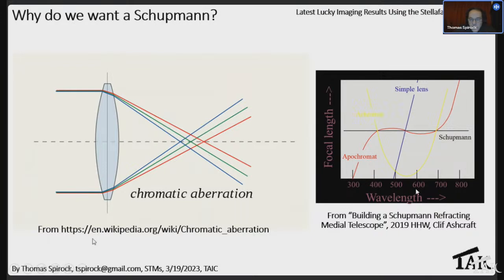Over here on the right, we have a plot where the x-axis is the wavelength and the y-axis is the focal length. So the focus for each of the colors of light from this lens falls along this blue line. So you can't get a common focus for any combination of colors. So this lens will produce a very poor image.